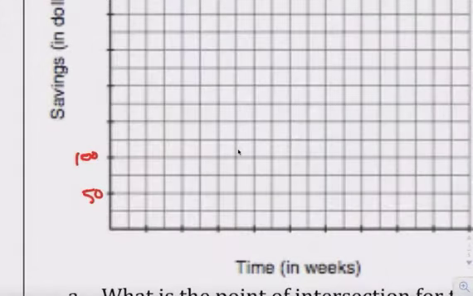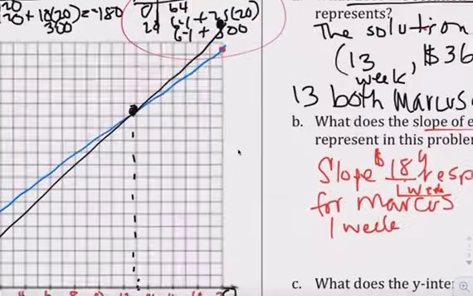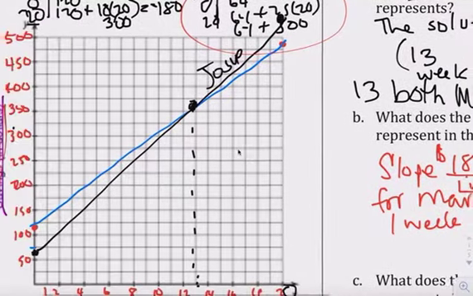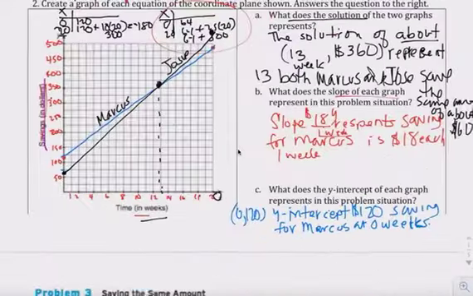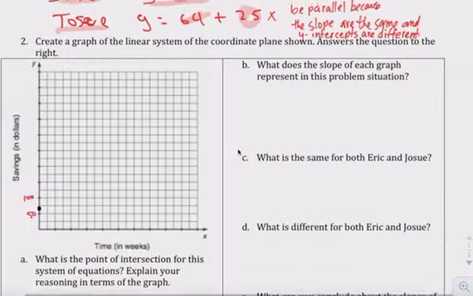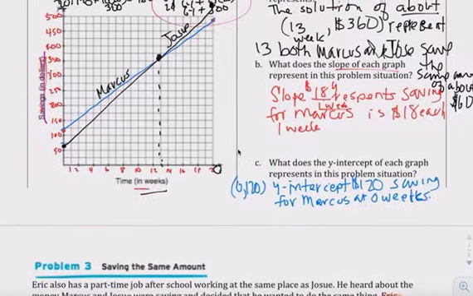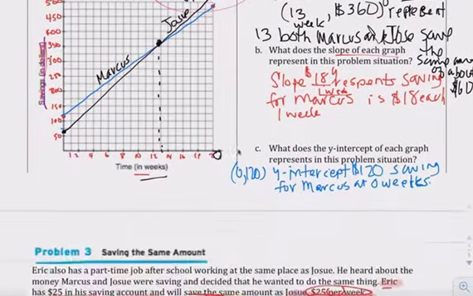0, 64 was about here. Okay. Oh, the only thing I forgot here is to put Josue and then Marcus. Okay, so Josue is 0, 64 and then 20, 564.